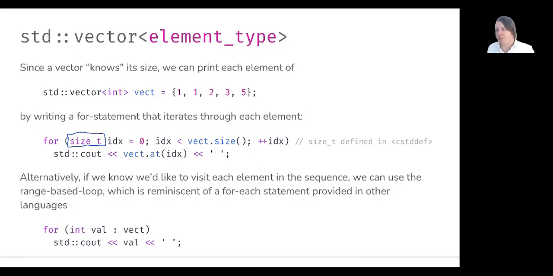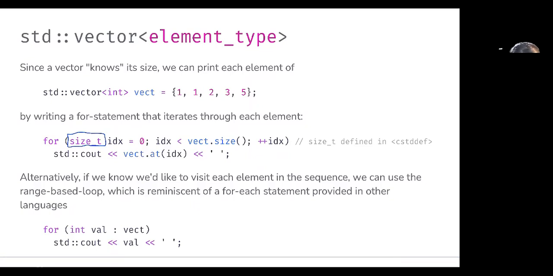So if we were dealing with massive vectors, using size_t as the type of the control variable is helpful, because if we are attempting to access the vector at a very large index, size_t will be able to store that value for us.